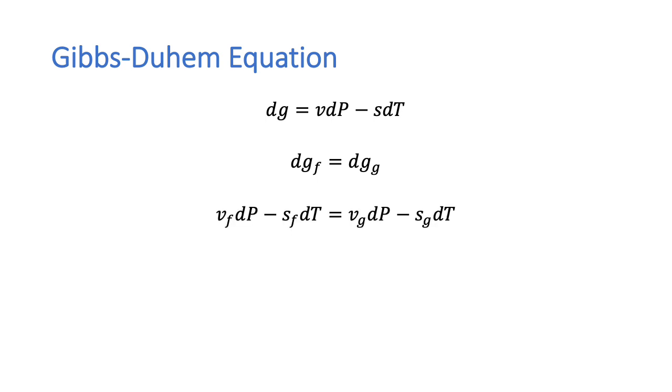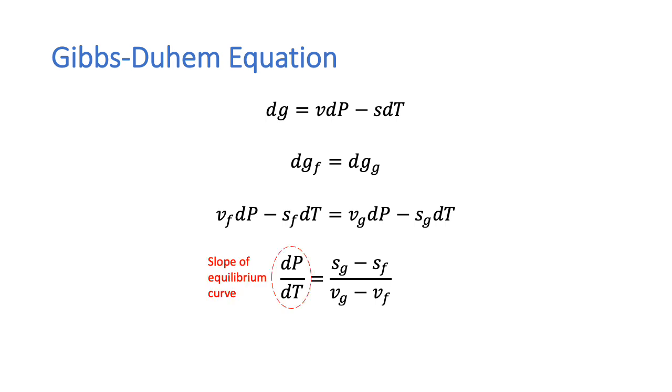And substituting the Gibbs-Duhem equation, it gives us that Vf dP minus Sf dT is equal to Vg dP minus Sg dT. Rearranging that equation, we get that dP by dT is equal to Sg minus Sf upon Vg minus Vf.